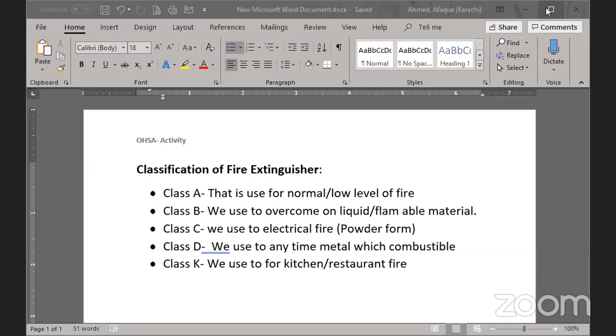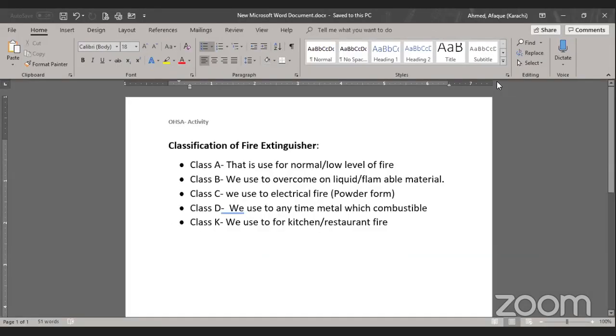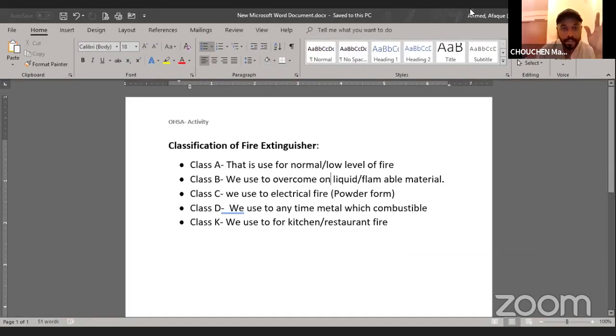There you go. So we have determined 5 classifications of fire extinguishers. The first one is class A, used for normal and low level fire, such as paper and wood. The second one, class B, we use on flammable liquid material, such as grease, gasoline or oil.